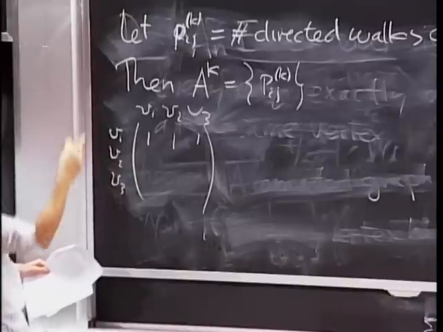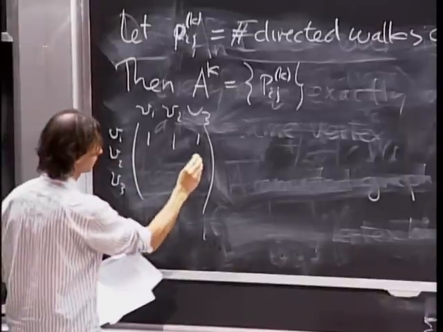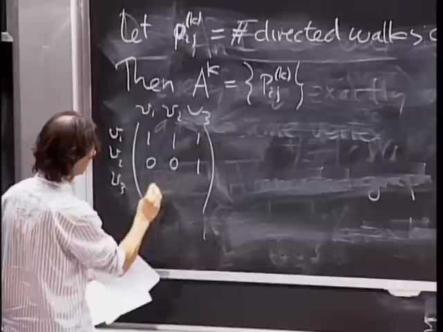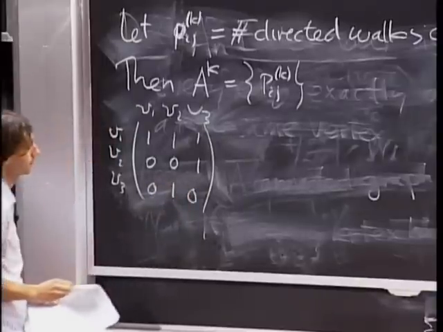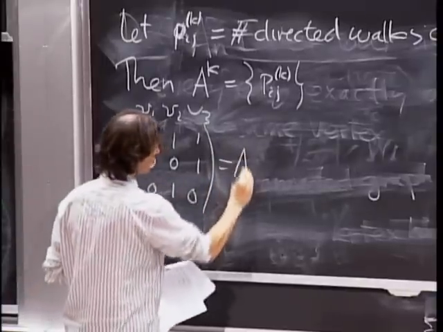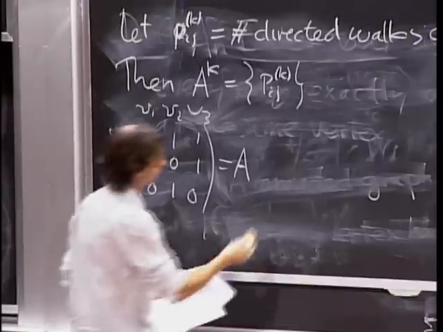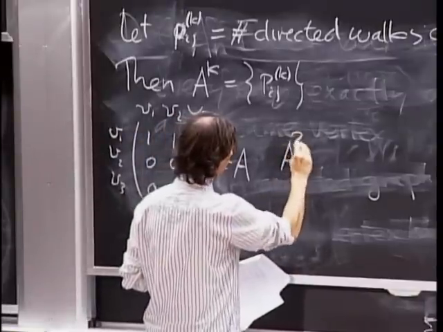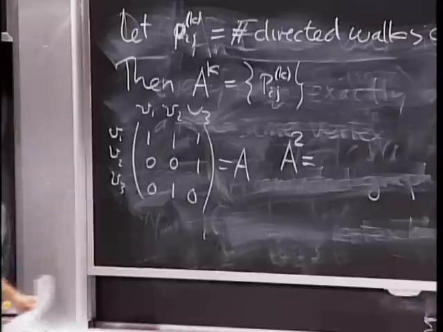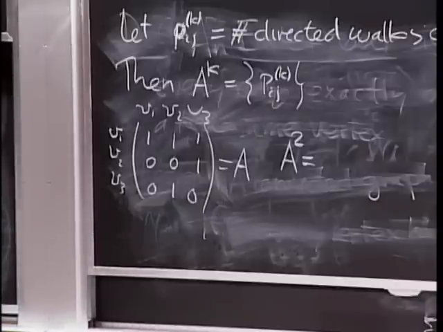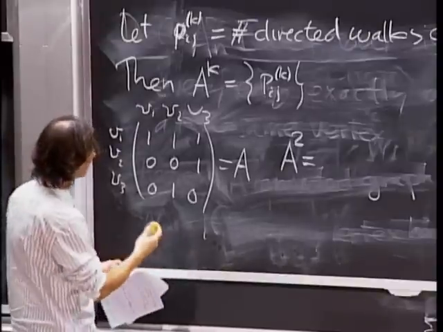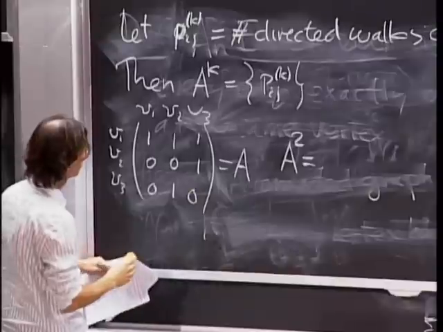V2 has only one edge to V3, so we have zeros here, and we have this. So this is the matrix A, and if we compute A squared, how do we do this? How many of you know about matrix multiplication? And everybody knows? Well, let's assume that you do know.